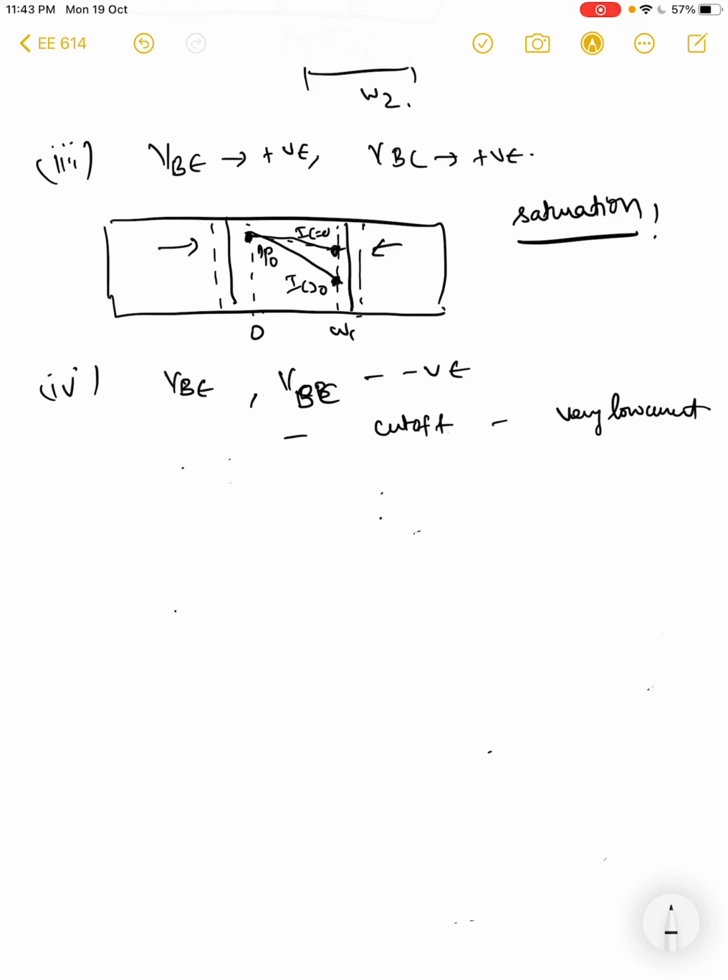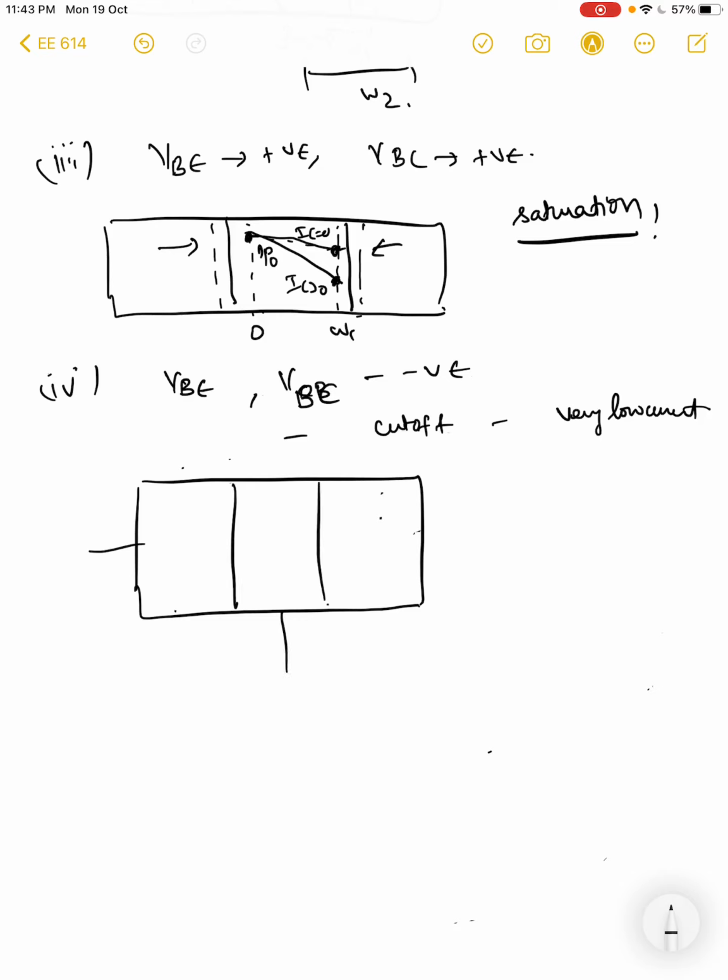But other than this, there is some interesting situation which will crop up when we have very low bias and one of the terminals is turned off, right? So basically in the same emitter base configuration, let's say we have an emitter base collector. So let us take a situation where the emitter and base are both grounded, right? And we push some very small current through the collector.